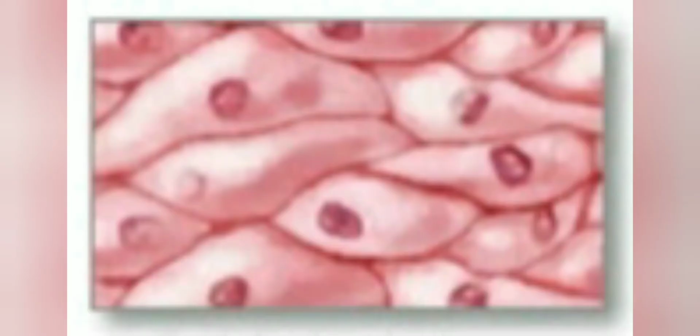Epithelial tissue forms the covering on the inner and outer surface of body and organs. The cells of this tissue are compactly arranged with little intercellular matrix. If I say intercellular, that means the space between two cells.